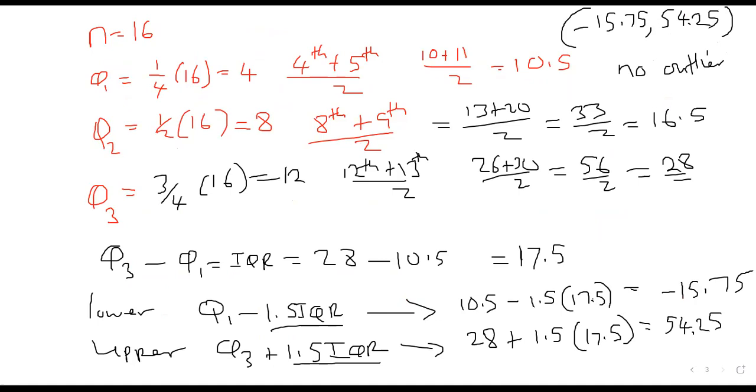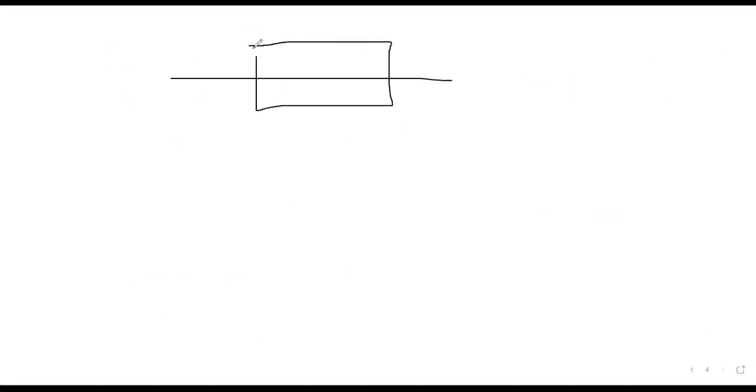So how do we draw the box whisker plot? We have the minimum value of x, and the maximum value of x, Q1, Q2, Q3. So here we had 0.1 and 45.